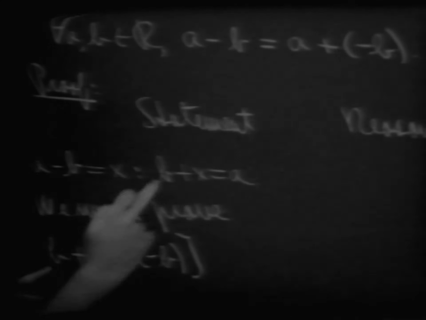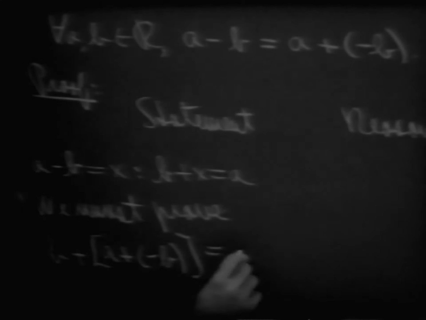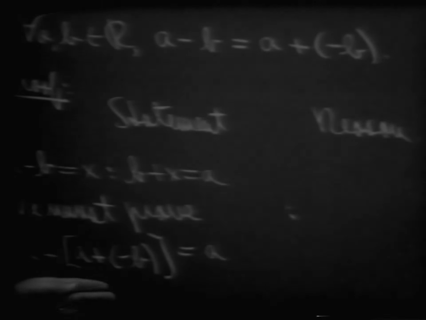We must prove that B plus this thing that we're calling x must be equal to what? What do we want to show that it's equal to here? A is equal to A. And of course, now there's one reason for all of this. You rely on the property of the additive inverse.